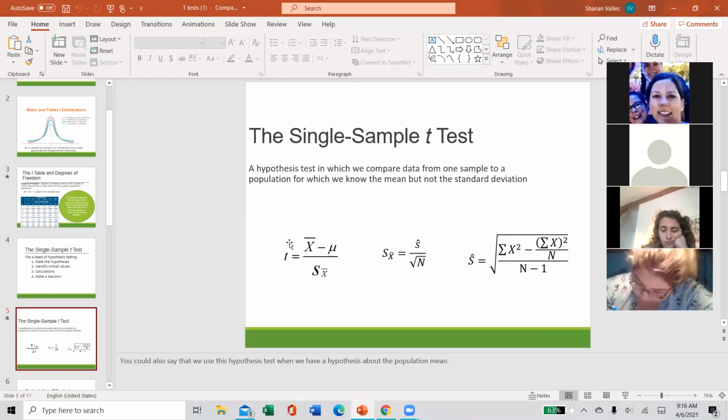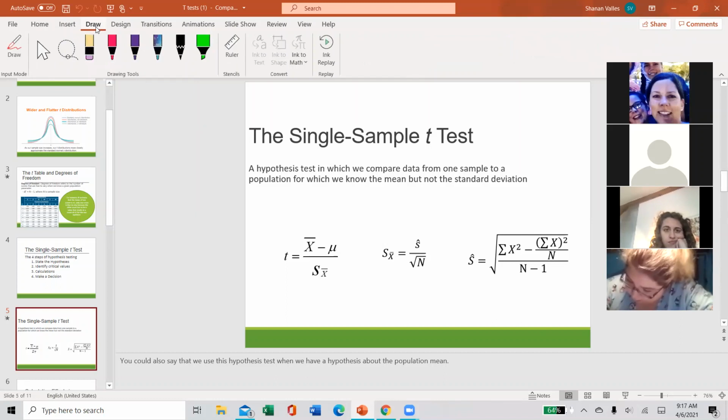So we can look at our t here, and then we'll see different pieces. Sometimes I like to think of them like a puzzle, and we have puzzle pieces, numbers that we need to find in order to fill into the formula. Let me get my draw up so I can write a few things and explain what some of these numbers are.